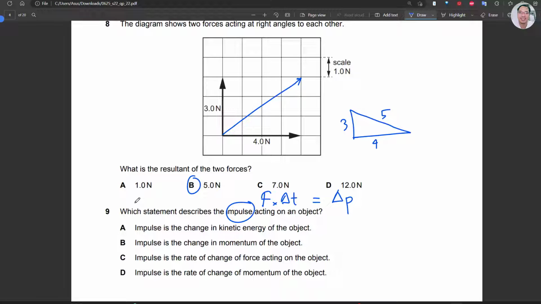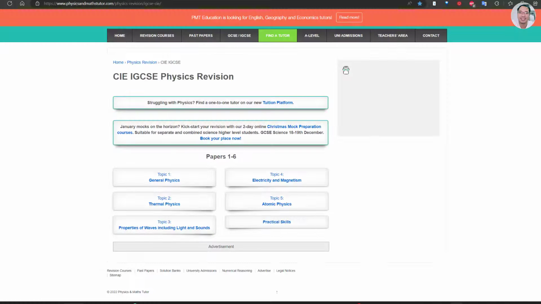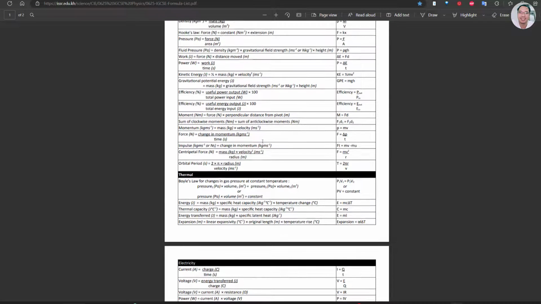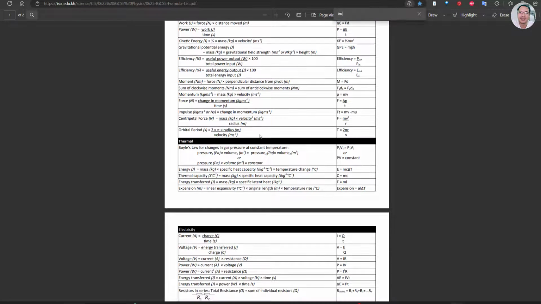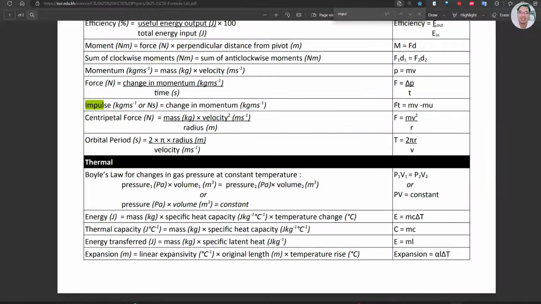Let's open the formula booklet to see if that equation is given in the booklet. Was it here? Yeah, formula list, impulse, here. Oh, we haven't done that yet, I think. But you told me there is momentum in the test.